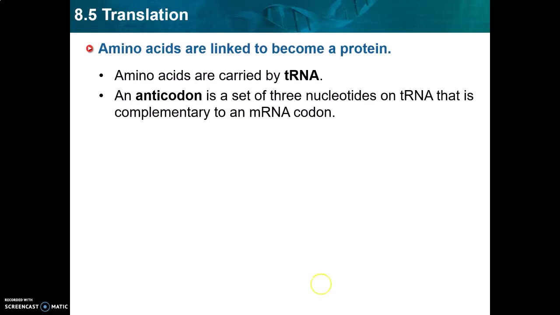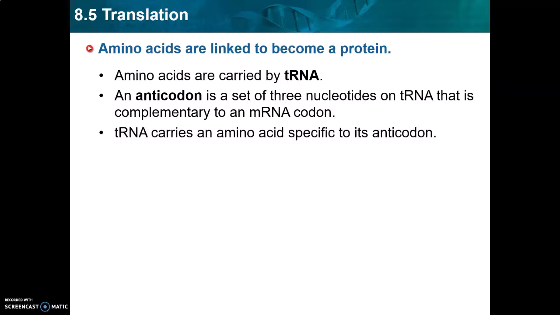It's really important not to mix up these two. You do need to remember that the anticodon is a part of a tRNA molecule, and the codon is on mRNA. One good way to remember this is think of the T in anticodon and the T in tRNA, and that will help you remember which one it's a part of.